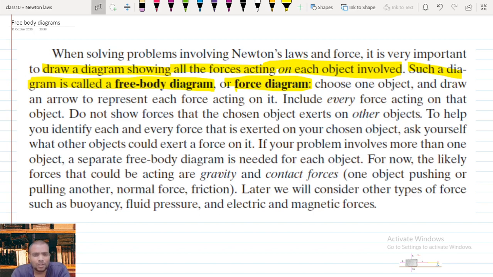First one, we need to choose one object in which we are going to find the resultant force. Choose one object and draw an arrow to represent each force acting on it. Whatever forces we are including, we need to represent them with arrow marks.